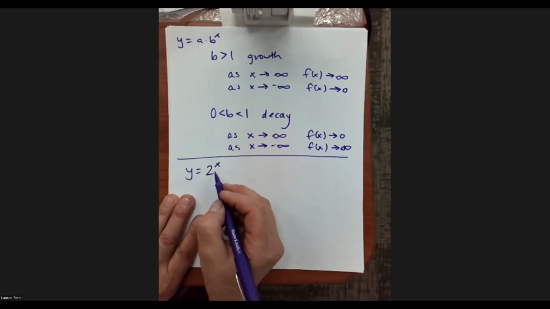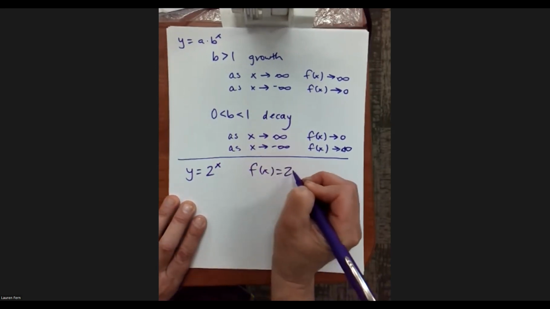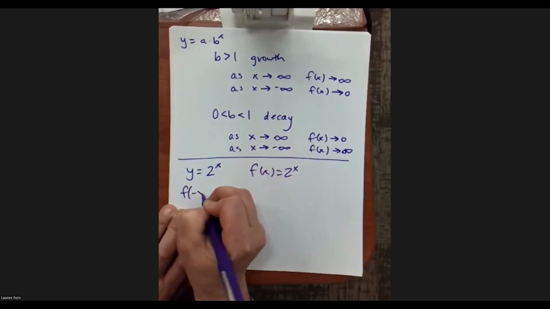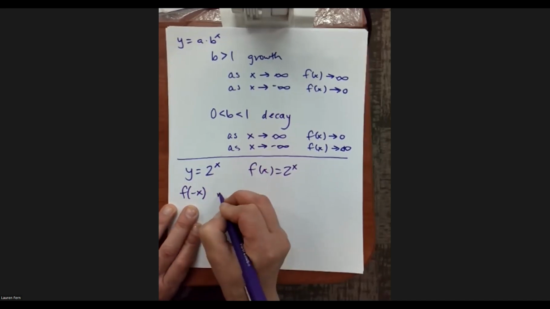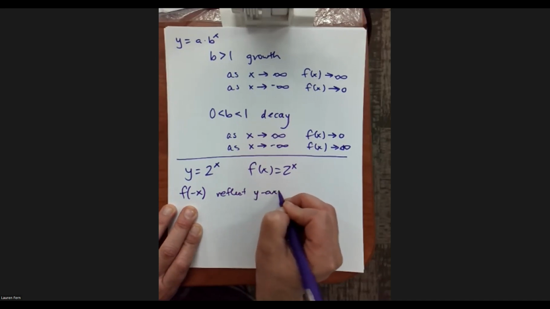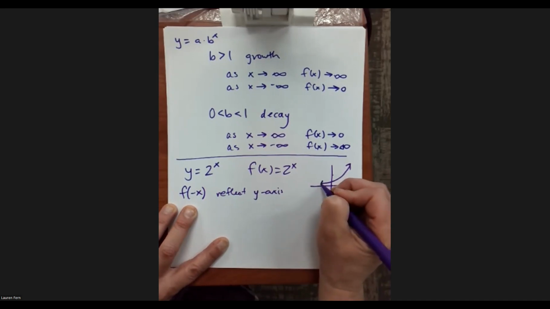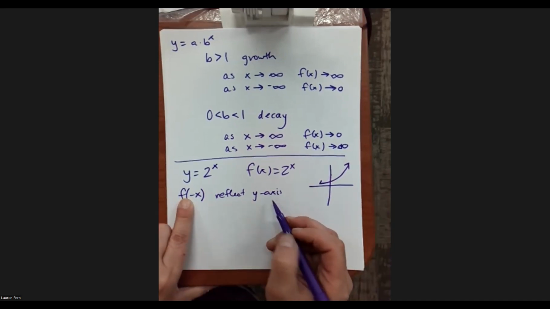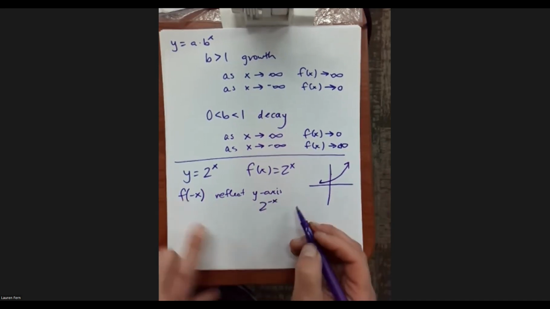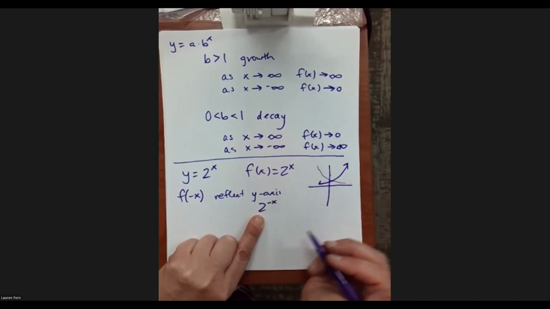If I just have this general function, f of x is 2 to the x. If I look at f of negative x, we saw that that reflects about our y-axis. So if this is my graph of 2 to the x, 2 to the negative x just reflects about our y-axis.